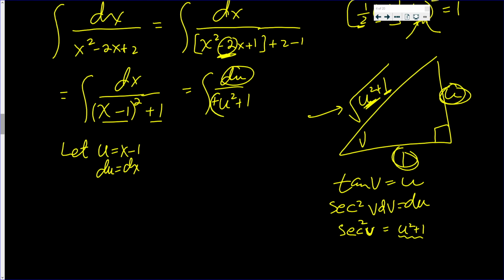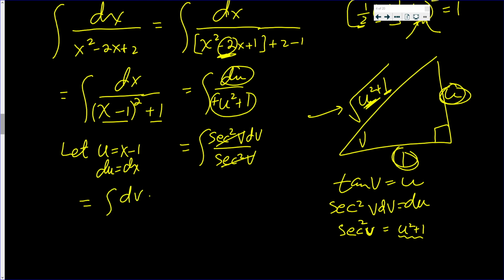So now I have the bottom. So this is du, which is secant squared V dV divided by u squared plus 1, which is secant squared V. This cancels out. I just get the integral of dV, which is V.